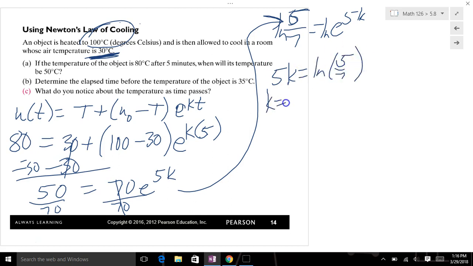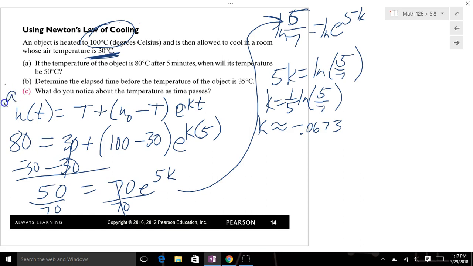Divide by 5, so 1/5 the ln of 5/7, which is approximately, you punch that in, negative 0.0673. So there's our K.